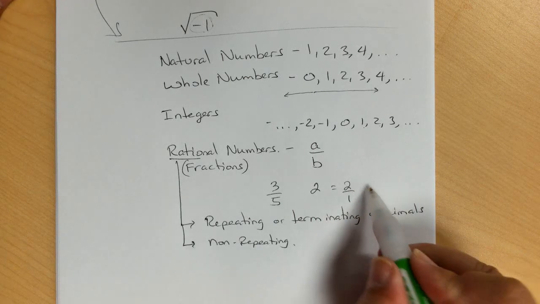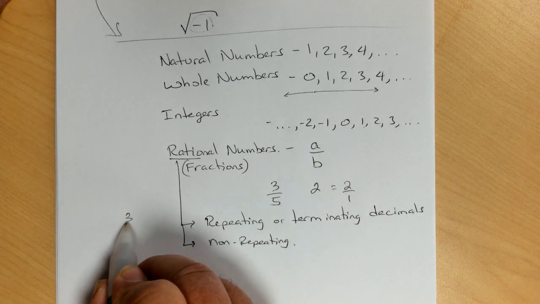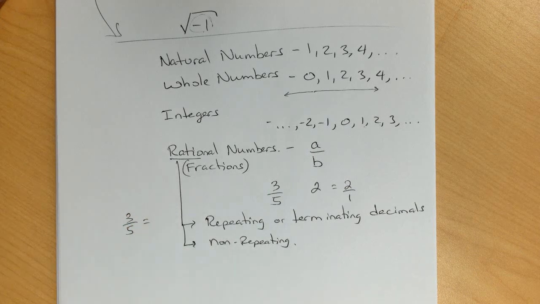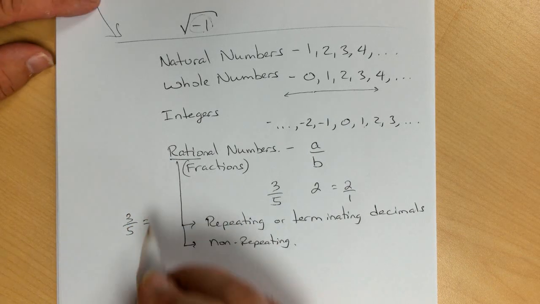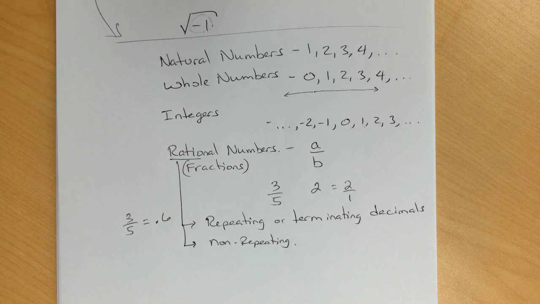For example, the number 3 over 5. In decimals, it equals 0.6. It stops. It's only one decimal place.